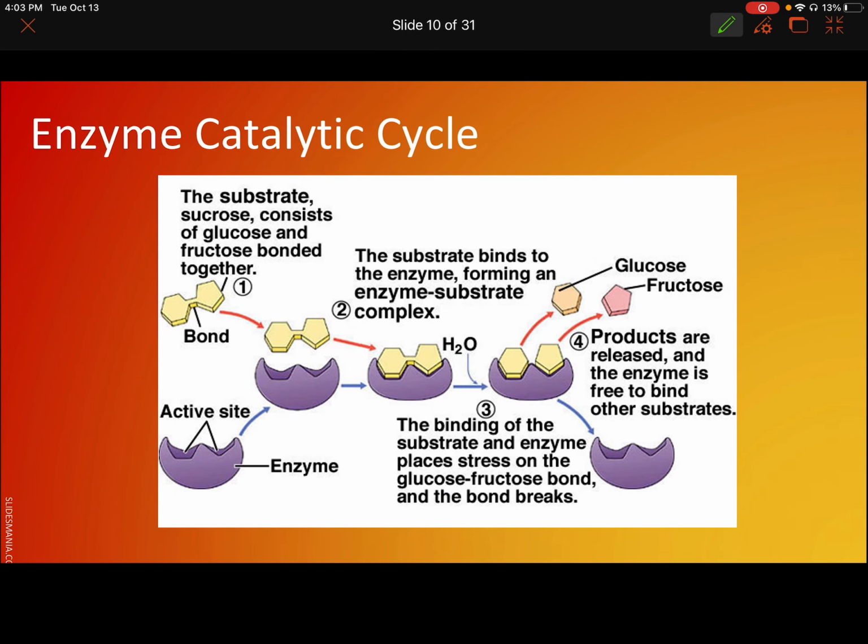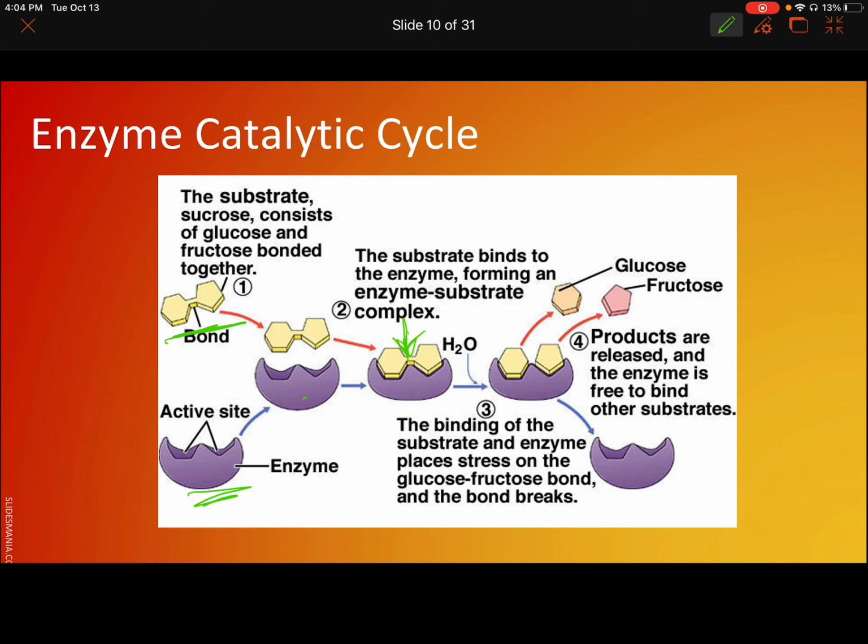All right, so we call this the catalytic cycle, because catalysis is using an enzyme to lower activation energy. A catalytic cycle is when you have a substrate and an enzyme, they bond together, and they either form a bond or break a bond, depending on what kind of enzyme you're talking about.